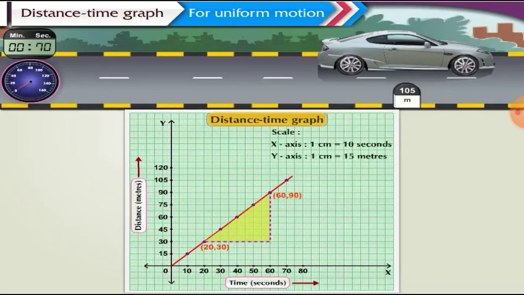After studying the uniform motion of an object in a straight line by the distance-time graph, let us now study non-uniform motion in a straight line by the distance-time graph. Distance-time graph for non-uniform motion.